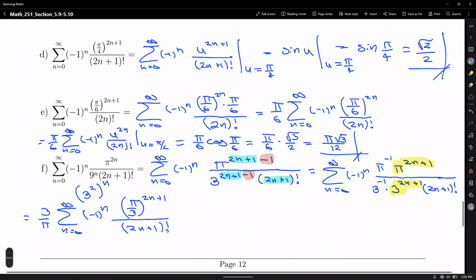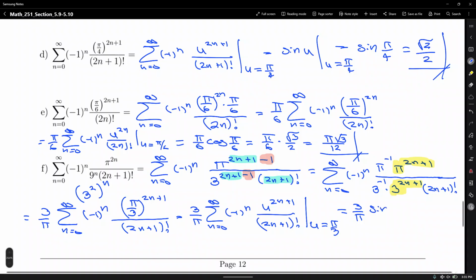And I think at this point we're ready to make a u substitution. That's 3 over pi, sigma n equals 0 to infinity, negative 1 to the n, u to the 2n plus 1 divided by (2n plus 1) factorial, where u equals, what is that? Pi over 3.